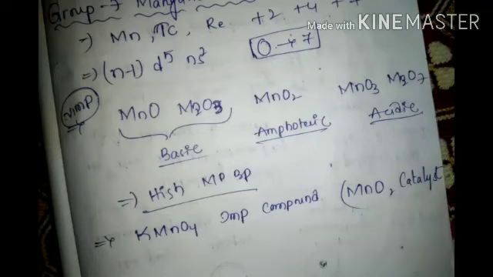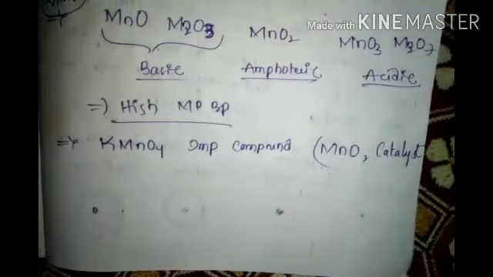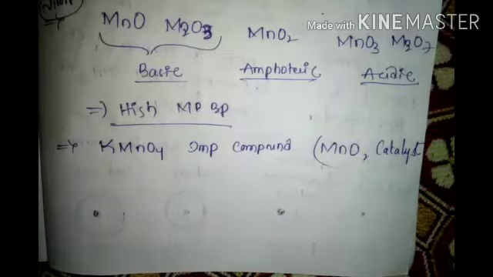Rhenium is used for making filaments, like in flash bulbs, which we use more nowadays. This is about the Group 7 members.